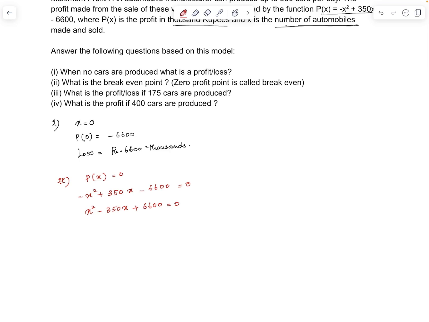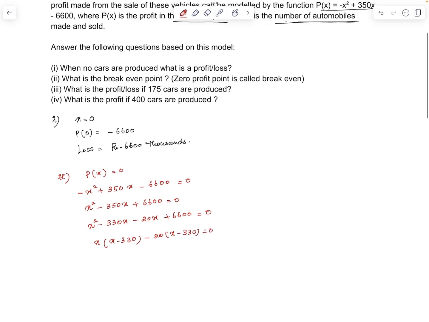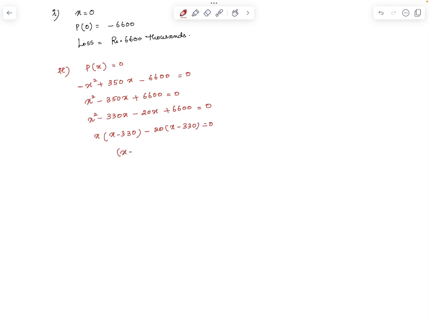The constant term is plus 6600, so we will choose two factors such that if we add them we get -350. So x² - 330x - 20x + 6600 = 0, and x(x - 330) - 20(x - 330) = 0. (x - 20)(x - 330) = 0.